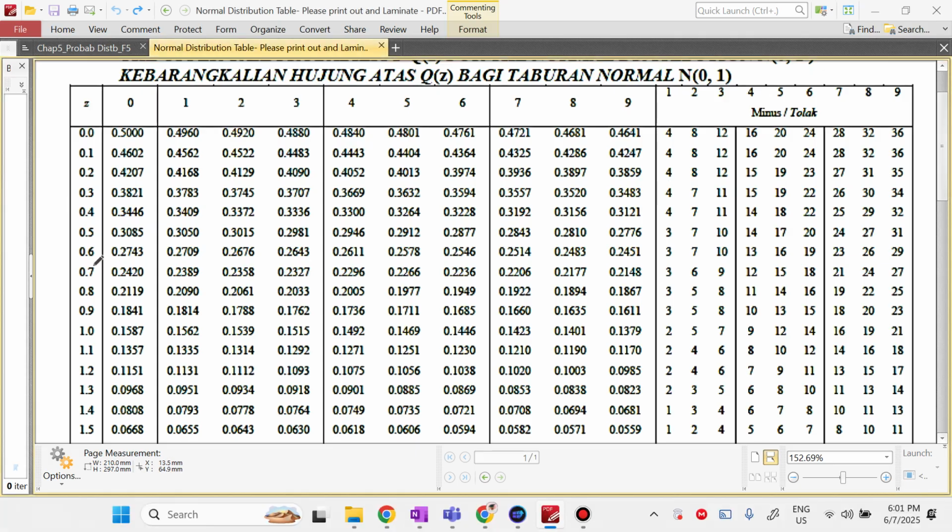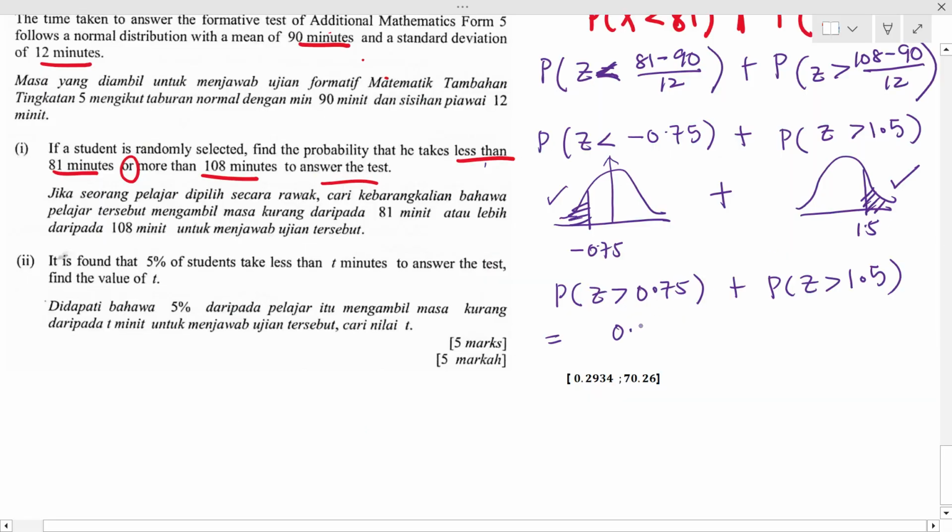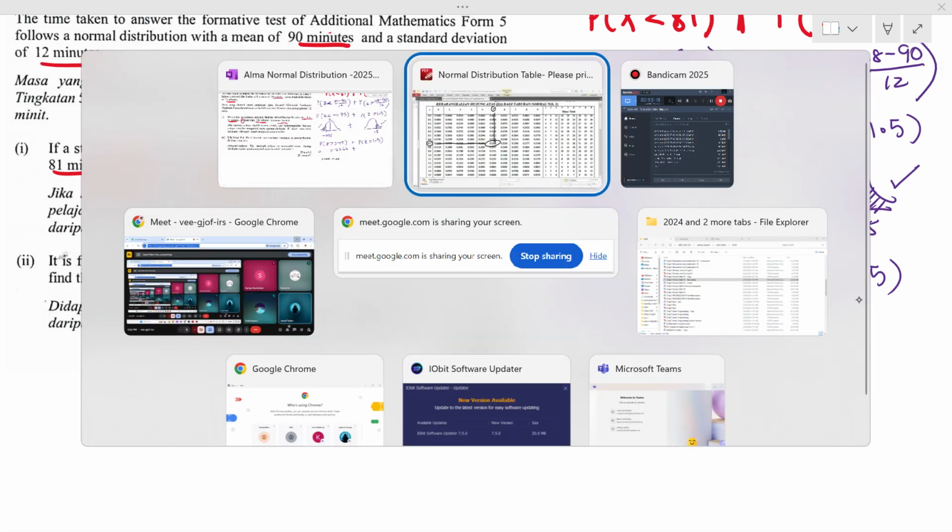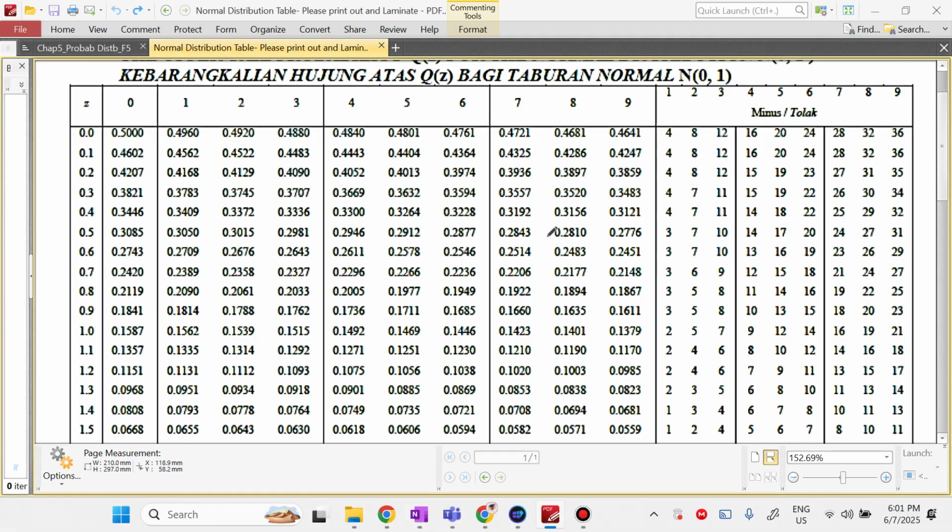Z telah diberi, ingat, 0.75 itu sahaja. 0.2266. And then z greater than 1.5, direct reading. 1.5 is here, 1.50.